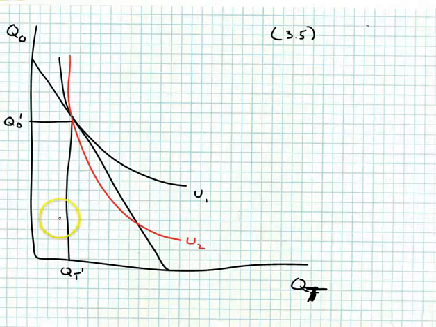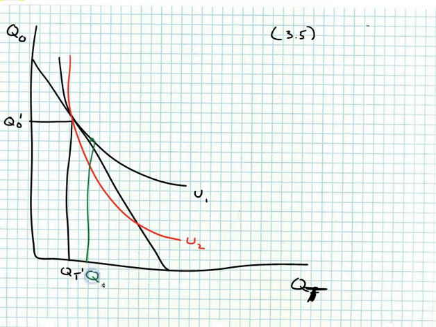So if we look at the original budget line, the original indifference curve, and we look at Q toy 2, or getting one more unit of toys, we see that the consumer was willing to give up this much of other goods to get one more unit of toys.